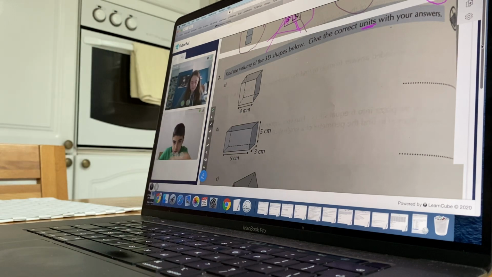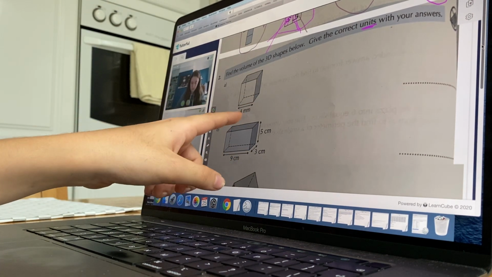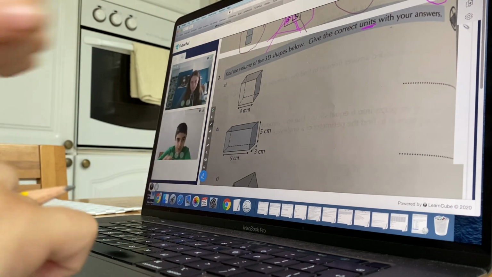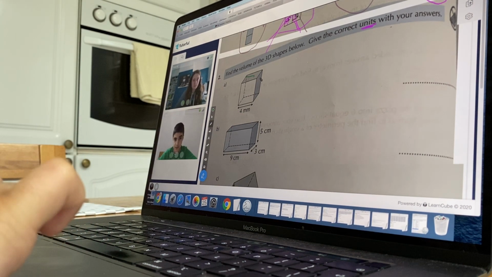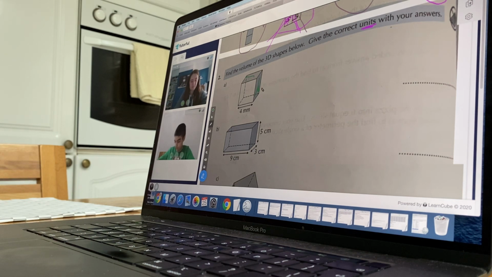So let's do number 1. What we're going to do is that side is 4, and that's 4 because it's a cube. We're going to multiply them together. 4 times 4 is 16.